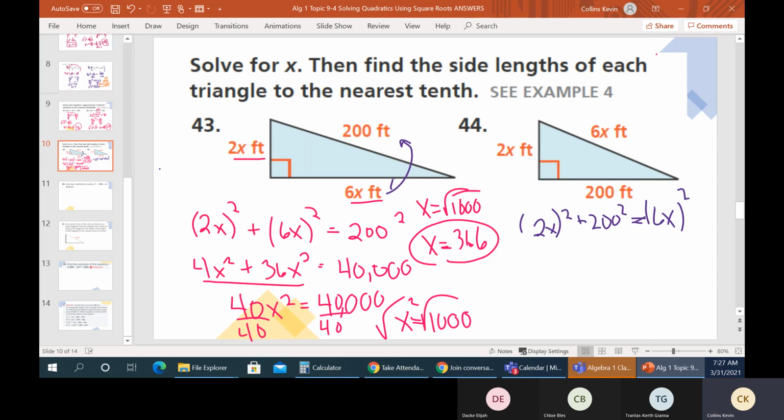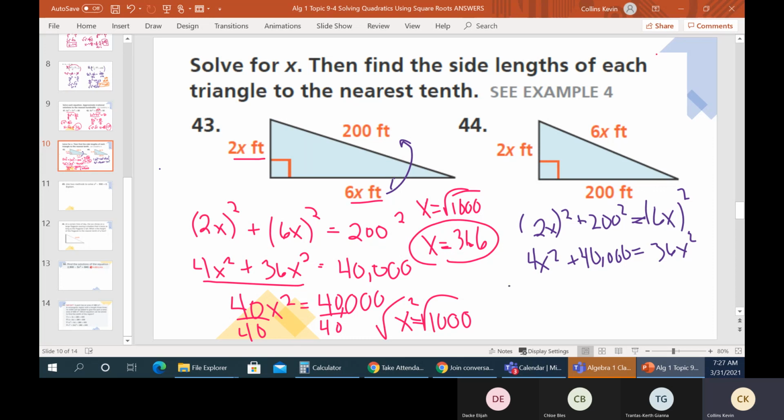All right. So we already did the numbers, so we know what they're going to be. So 4x squared plus 40 grand equals 36x squared.